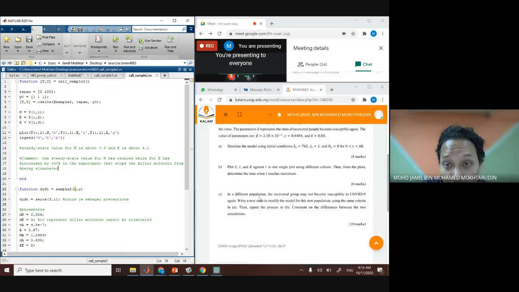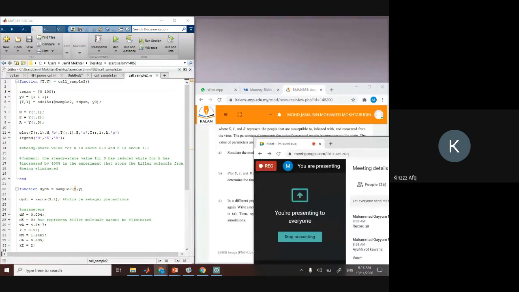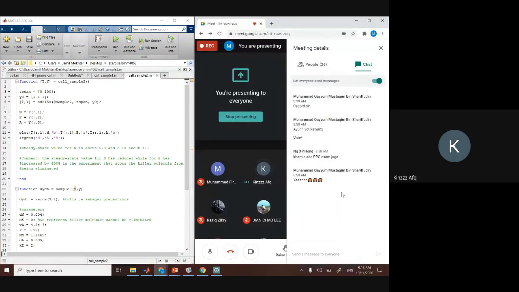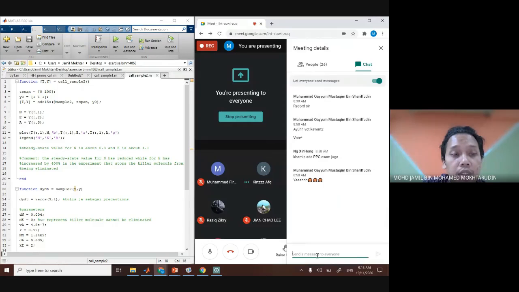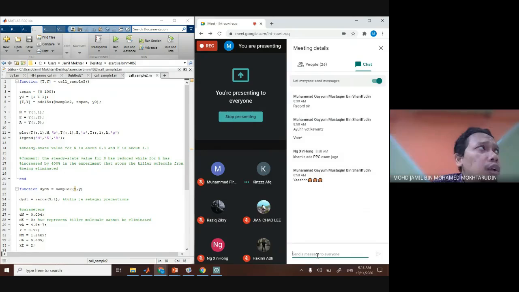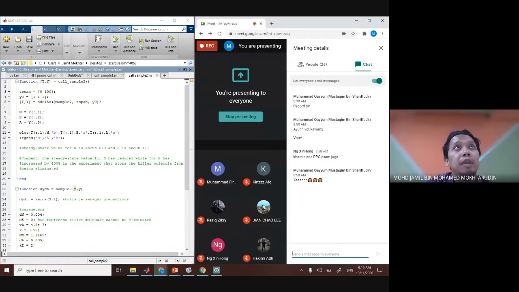Sir, nak tanya, bila masa kena guna ODE 45 dan ODE 15S? Oh, selalunya kita guna ODE 15S. Sebenarnya ODE 15S tu yang paling stabil lah. ODE 45, ODE 23 semua tu for cases yang maybe equation dia complicated, ataupun bila try run, dia lambat nak solve.